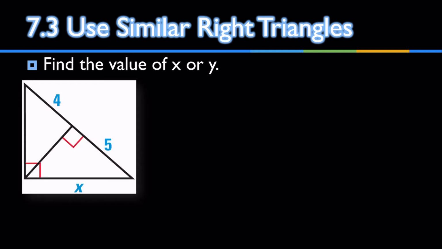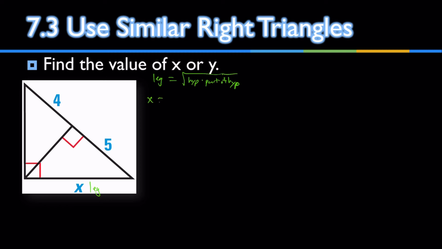So let's find x or y. In this case, we'll find x. All right, in this case, x is a leg. So according to our theorem, our leg is the geometric mean of the hypotenuse and part of the hypotenuse.